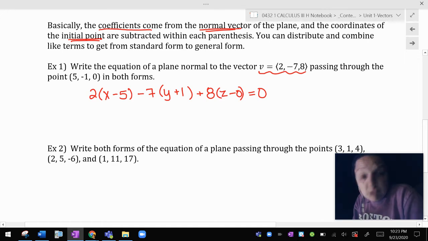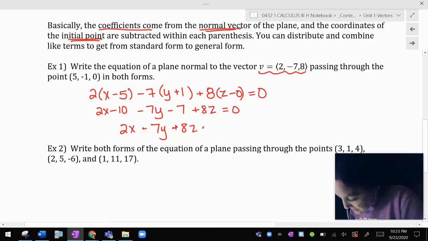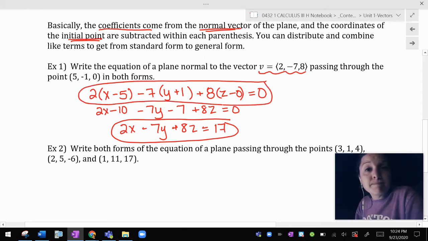So there's your plane. You can just leave it like that, or you could say, well, that's going to be 2x minus 10 minus 7y minus 7 plus 8z equals 0, which is 2x minus 7y plus 8z equals 17. And any of those forms is okay by me.